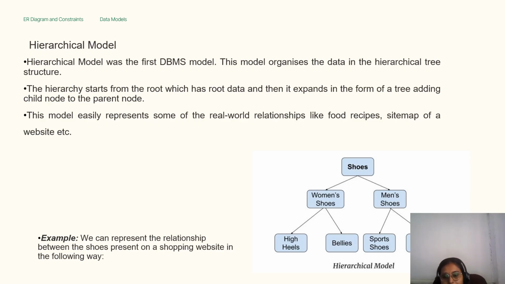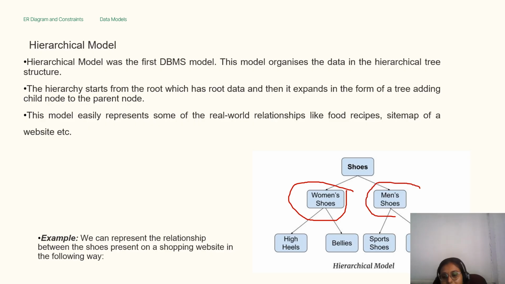For example, we can represent the relationship between shoes on a website in the following way. We have shoes, we have women's shoes as well as men's shoes. These are the parent classes.